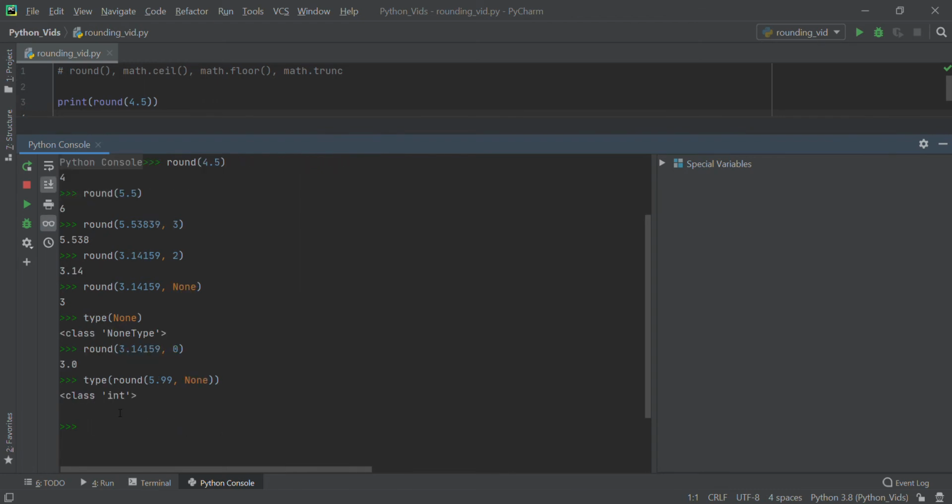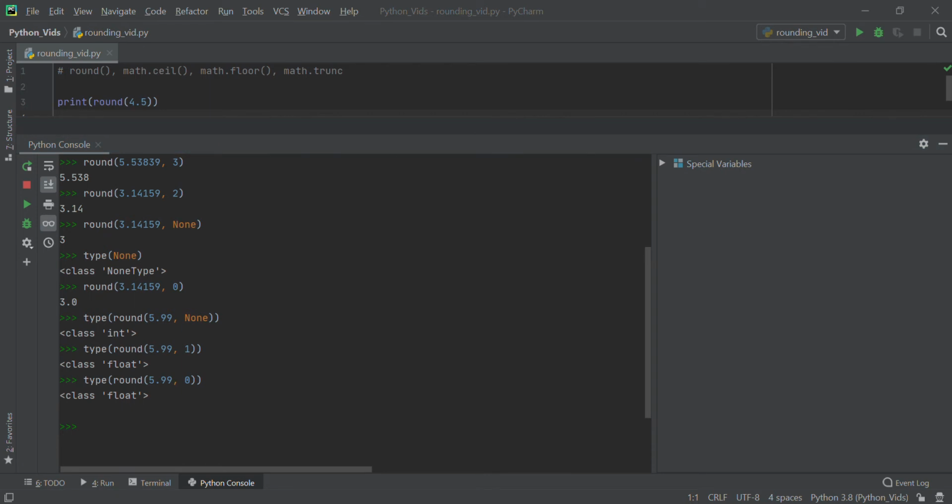That gives you an integer versus type round 5.99, say you just want it to 1 decimal. That gives you a float, and it'll be the same for 0. If you type round 5.99 to 0, it will also give you a float.